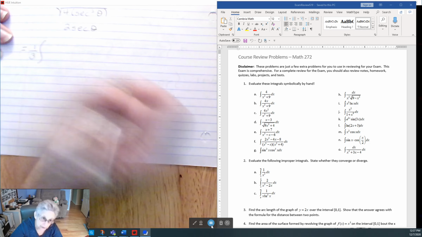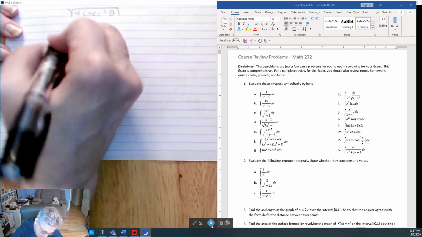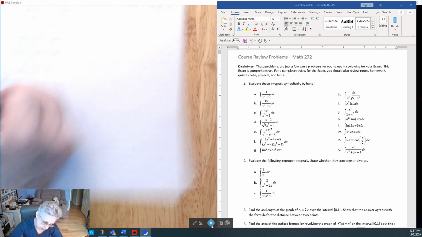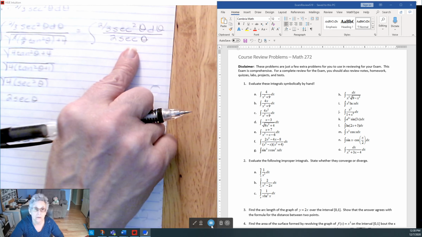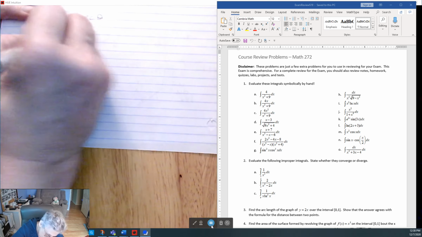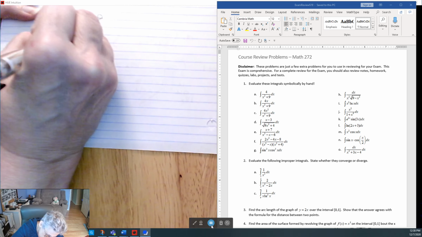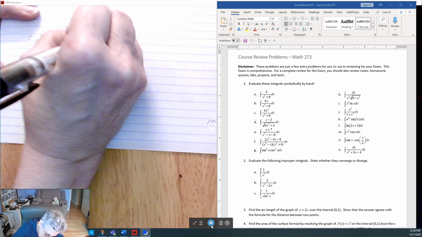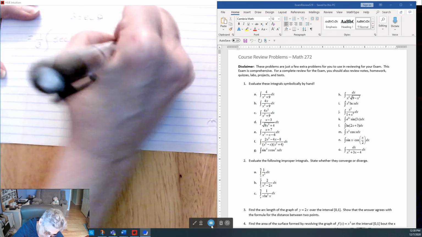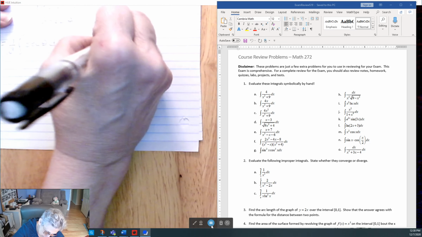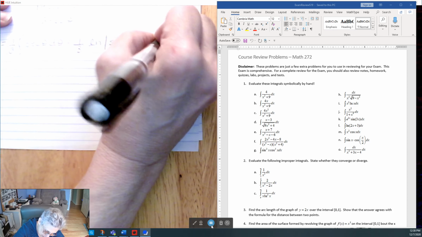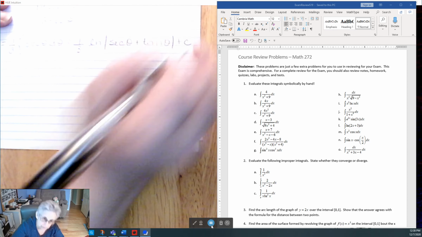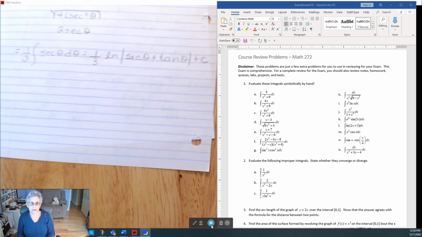I'll put my 1/3 outside the integral. I have secant squared on top. I have secant on the bottom, so I cancel 1 away. Integral of secant of theta. So that's 1/3 natural log absolute value of secant of theta plus the tangent of theta plus a constant.